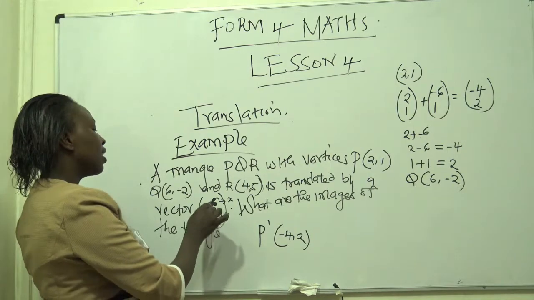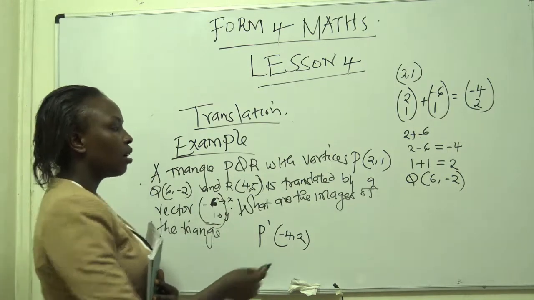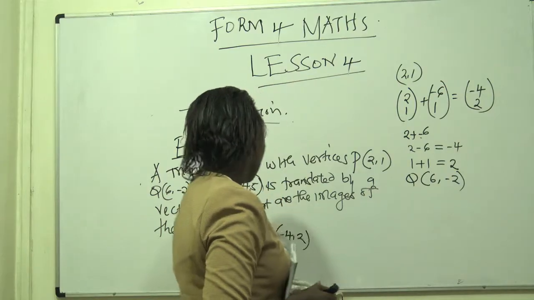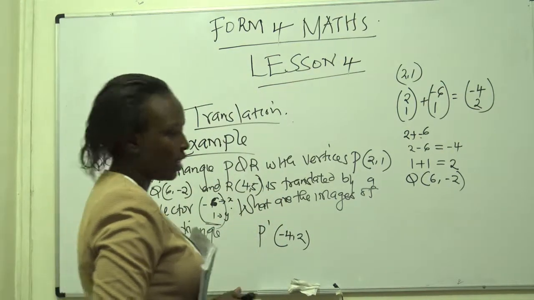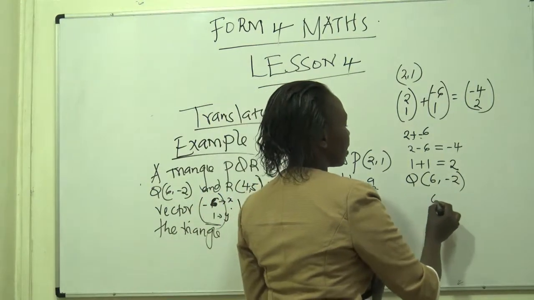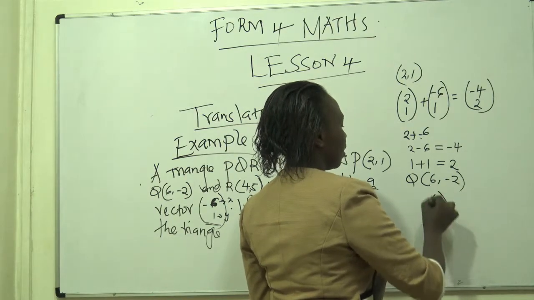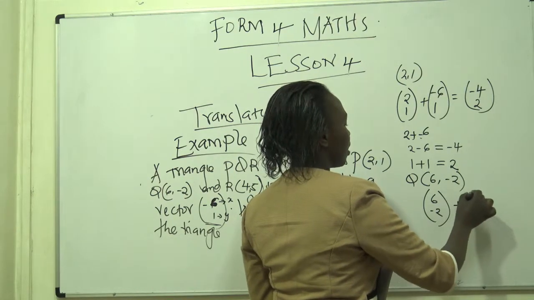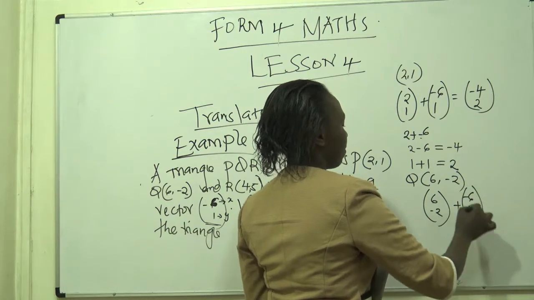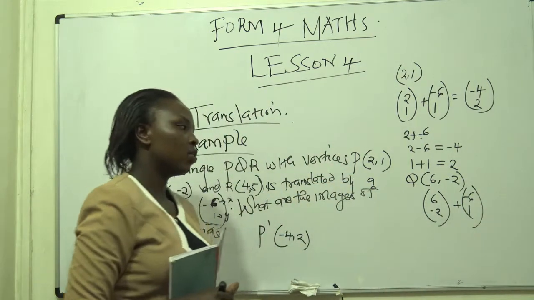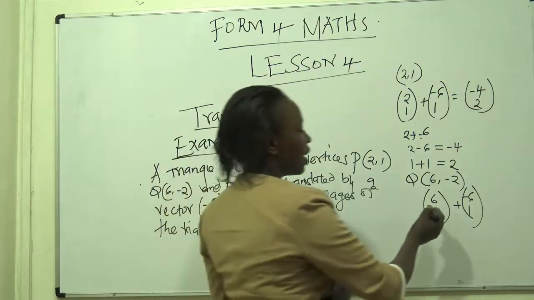Not forgetting our translation vector is negative 6, 1. So let's also write this one in column vector. We are going to have 6, negative 2. We add that to negative 6, 1. So we start with our x.